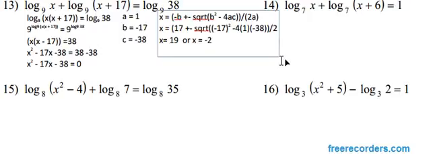And a lot of people will be satisfied with that, but I'm going to go back and check the original equation. I'm going to try both of those values. 19 squared minus 17 times 19 minus 38.